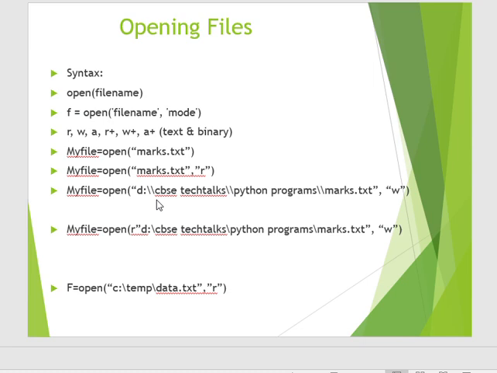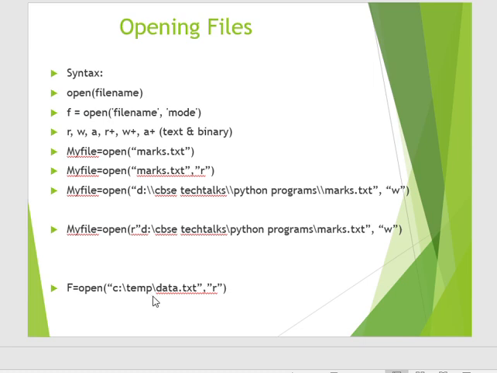However, if you want to write a single slash, you may write using a raw string as r. So you need to give r before that. It is telling that it is a raw string, so now \n does not have any special meaning; it is the slash meaning the path only. So you may use this way, or if you are not using r, then you have to use double slashes in the complete path.